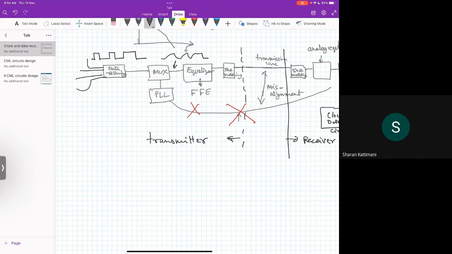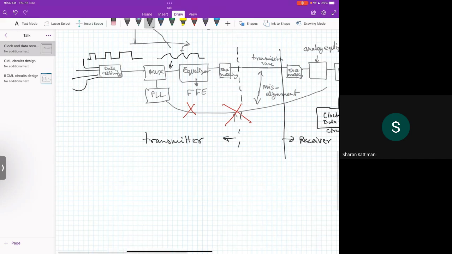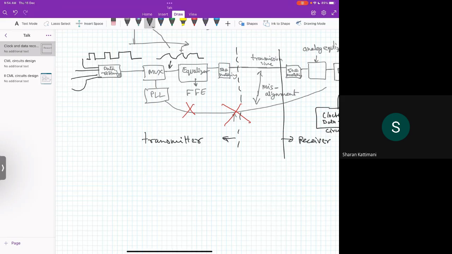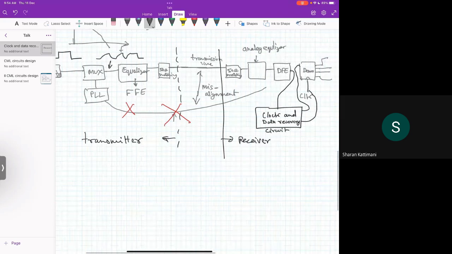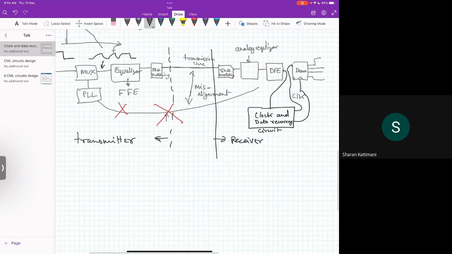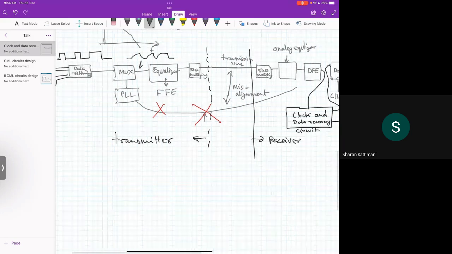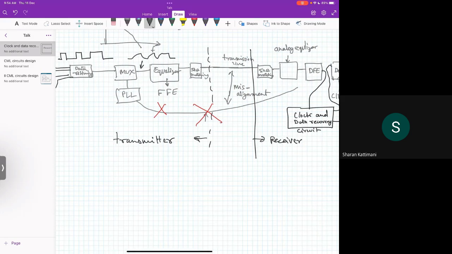Then the equalizer will pre-emphasize it to help send it using the transmission line, and then we will receive it again. Even after pre-emphasizing and doing equalization, we are going to receive very bad data. This is the ideal data; you have transmitted something like this and received something like this.